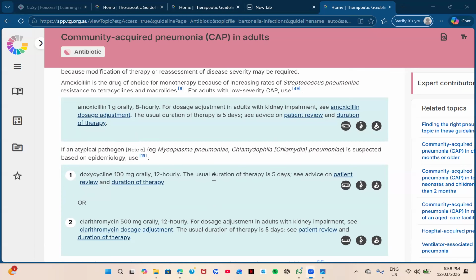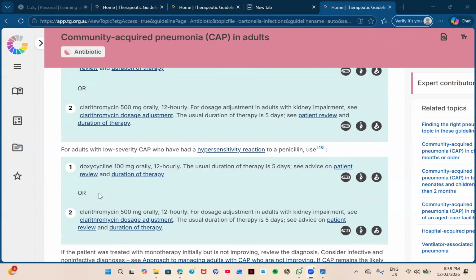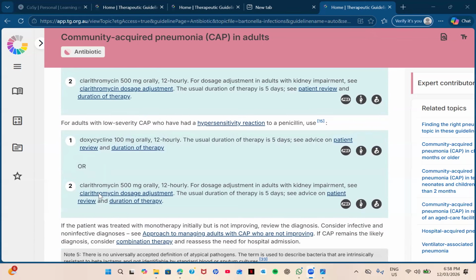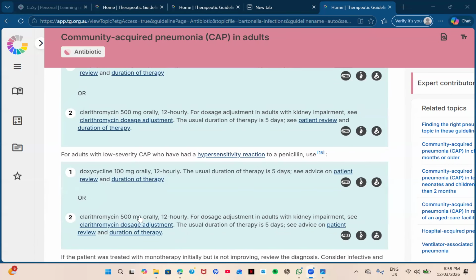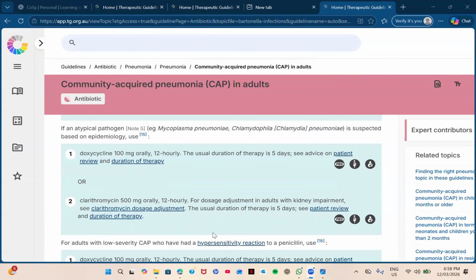Atypical pathogens like Mycoplasma pneumoniae, Chlamydia pneumoniae, Legionella. If atypical pneumonia is present, we can use doxycycline as first line treatment and clarithromycin as second line, right? So remember these names. For now you can forget about the atypical part.